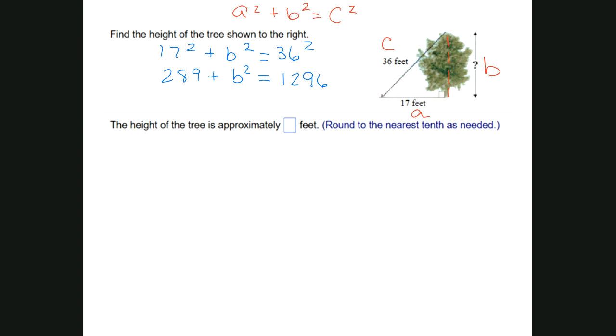We need b squared by itself, so we can use our square root property. So I will subtract 289 from both sides of my equation. That leaves me only b squared on the left side of my equal sign. And 1,296 minus 289 gives me 1,007.